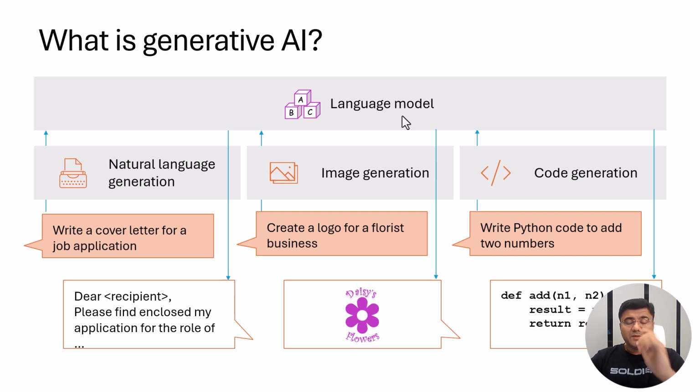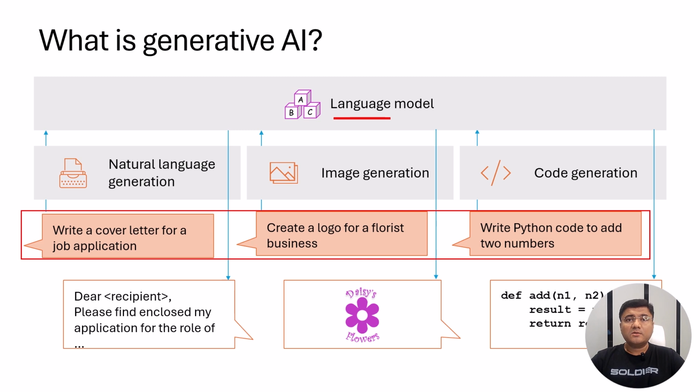Some people ask me why we call this a language model, even though it can generate natural language text, images, programming language code, and even videos. Why do we still call it a language model? Well, the answer is that it's called a language model because you are ultimately going to provide input in natural language text, because it always takes input in natural language text.